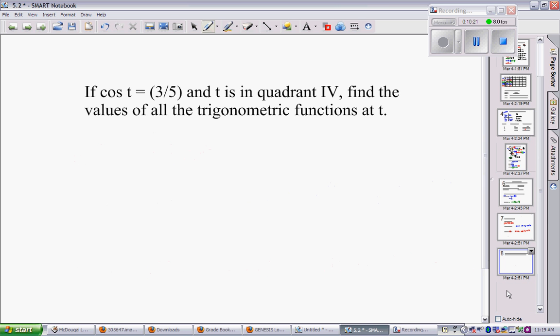Our last problem of the lesson, if the cosine of t is 3 over 5 and t is in quadrant 4, find the value of all the trigonometric functions at t. So we are given cosine to be 3 over 5. So we're going to plug that in to sine squared plus cosine squared equals 1. Cosine is 3 over 5.